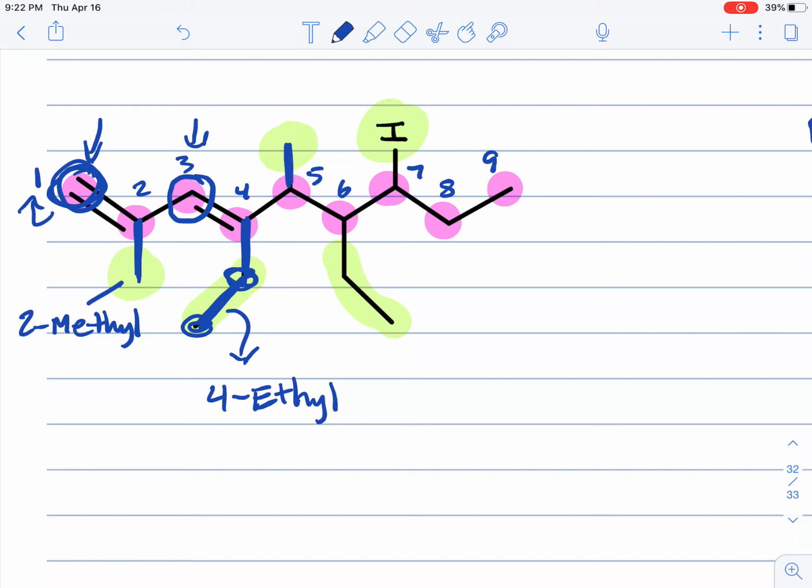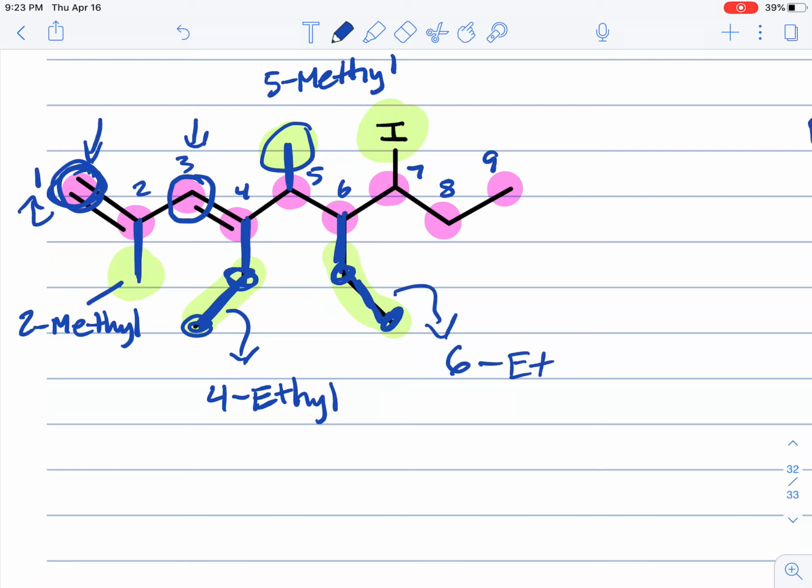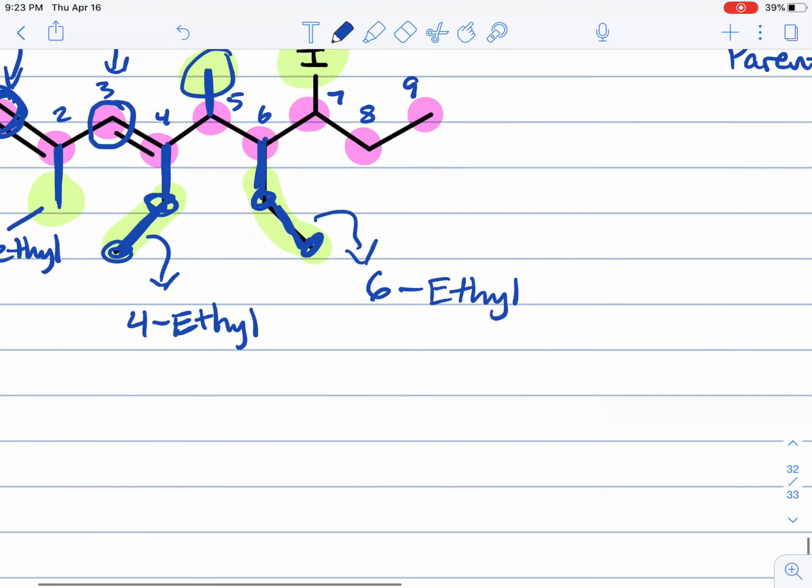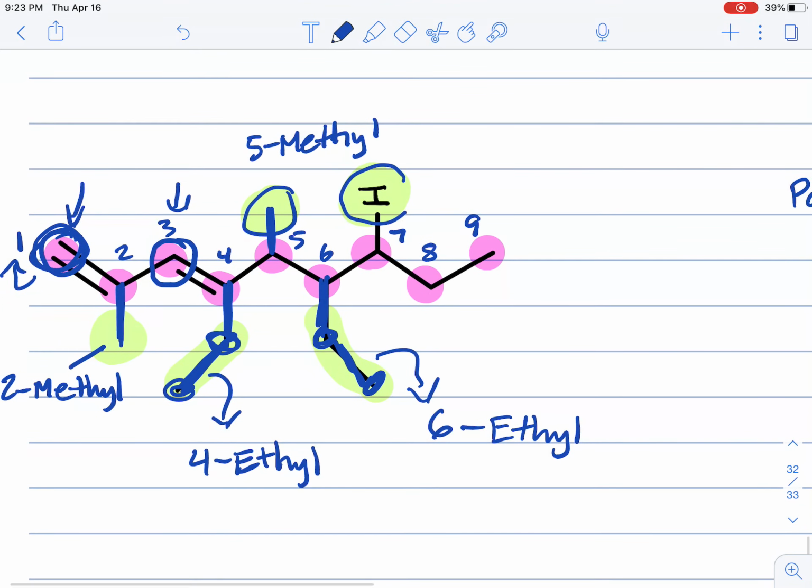Here, this is telling me that I have a methyl on carbon 5, so 5-methyl. This is telling me that I have 2 carbons, so that's another ethyl on the 6th carbon. And this is telling me that I have an iodo on the 7th carbon.